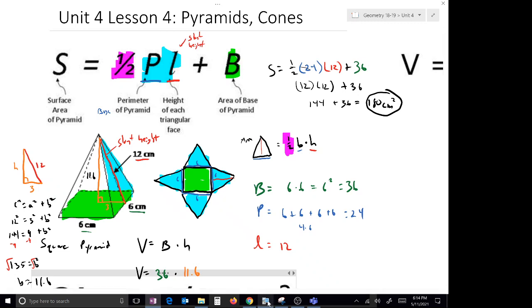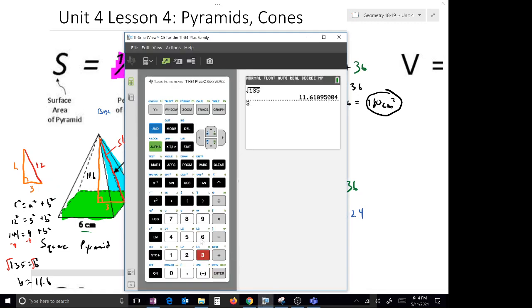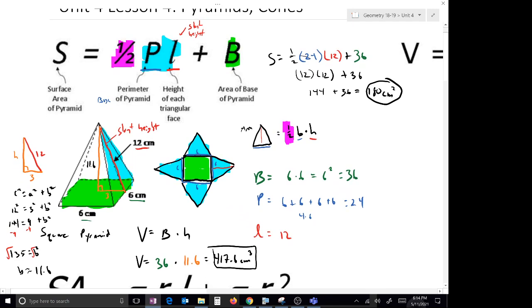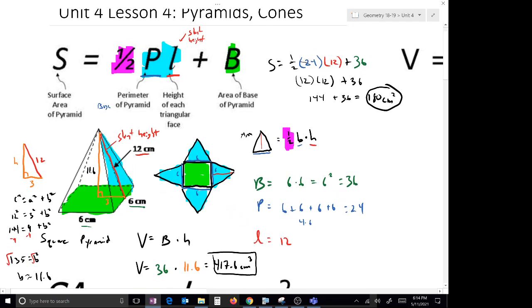Use your calculator. 36 times 11.6 equals 417.6. And our units would be cubic centimeters this time. Okay. So that's surface area and volume of pyramids.